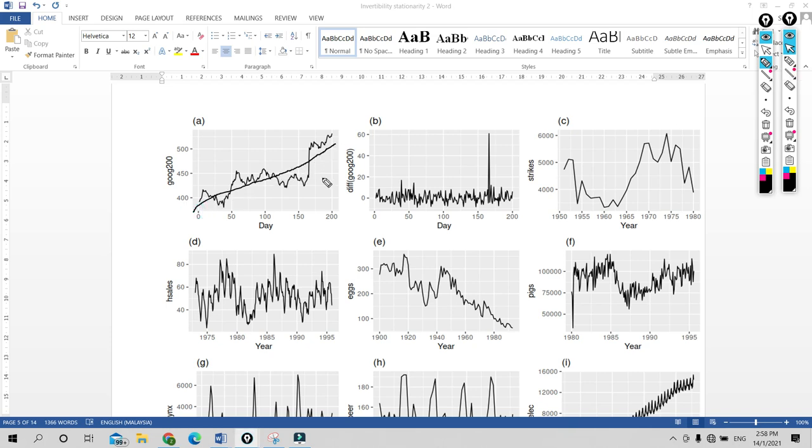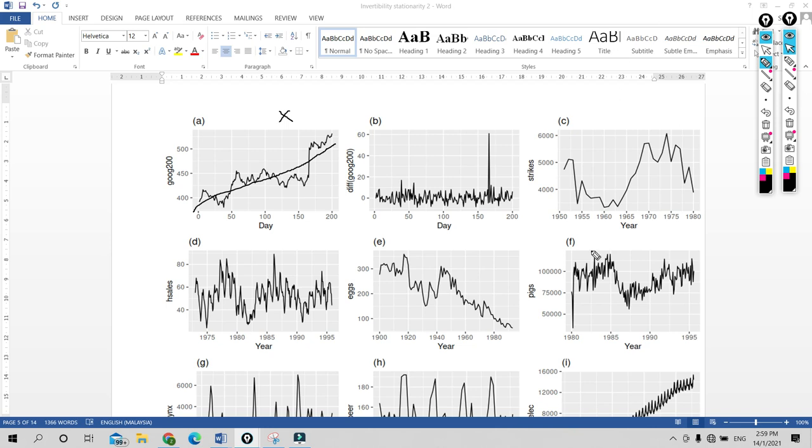If you have an upward trend here, the mean is not constant. Stationarity cannot have an upward trend. So for this case, this is not stationary data.